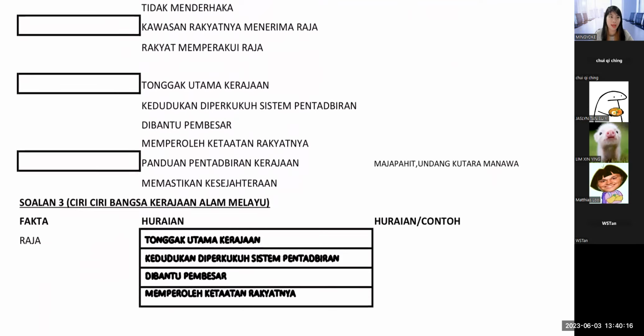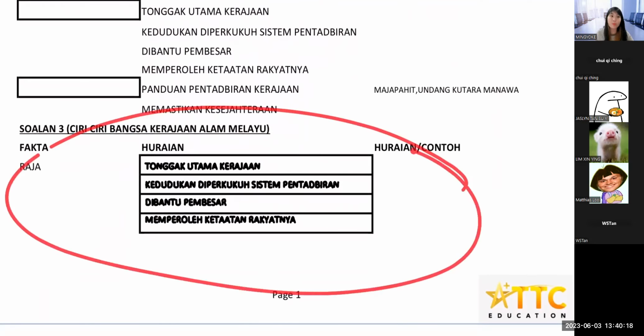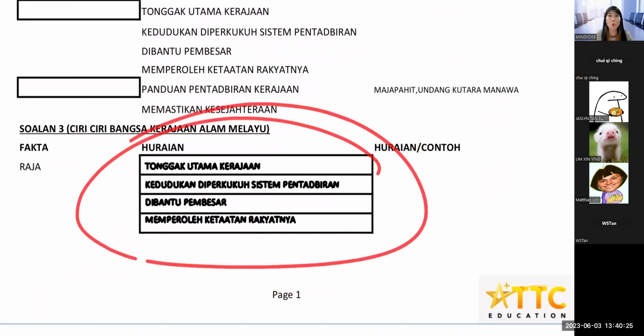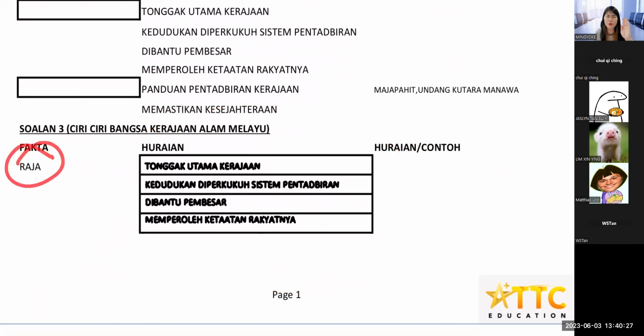Good. Okay. Then you have to practice write out your own huraian. Guys, you have to practice write out your own huraian. For example, just now you remember 4 point is maximum. So you remember, okay, raja ialah tonggak utama kerajaan, iaitu kedudukannya diperkukuh dalam sistem pemerintahan, pentadbiran. Then raja dibantu pembesar, and then memperoleh ketaatan rakyat, and then enough.